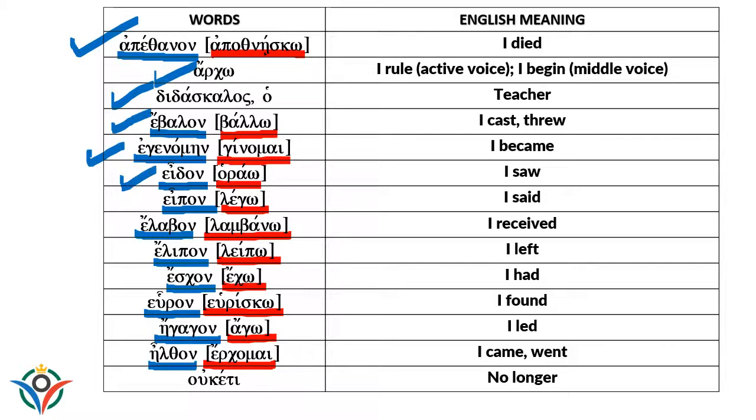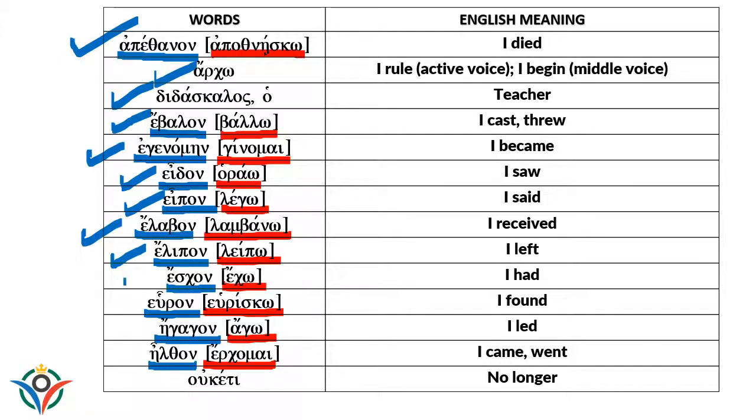Then we have idon, which comes from horao, which means I saw. Then we have ipon, which comes from lego, and it means I said. Then we have elebon, which comes from lambano, I received. Next we have elepon, which comes from lepon. We've been practicing this one, which means I left.